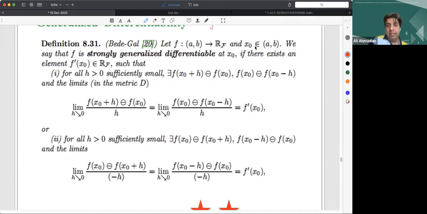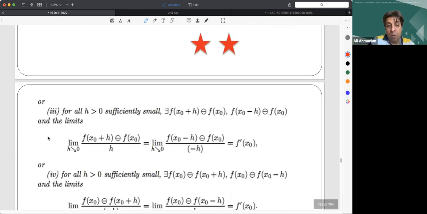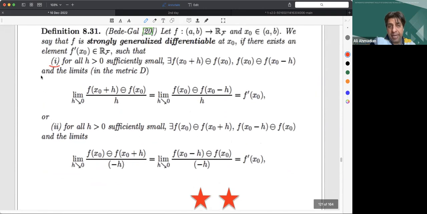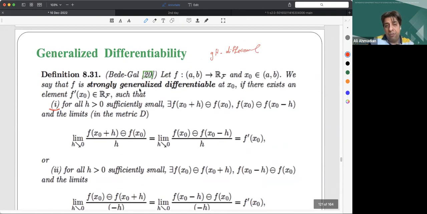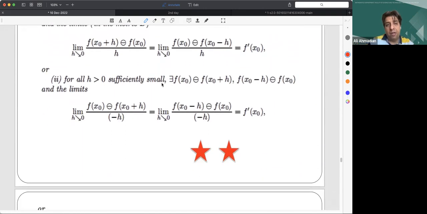This definition, compared with the previous definition, has a first option that is the same as Hukuhara. This is the revision of the Hukuhara differentiability, just adding some more. These are the 4 cases that the generalized differentiability gives us.